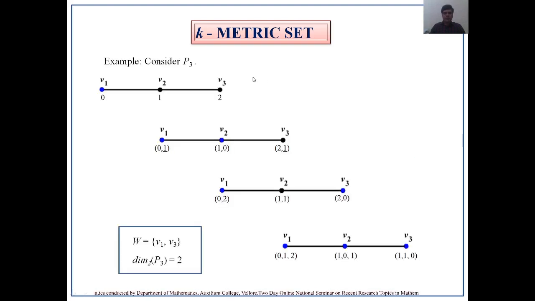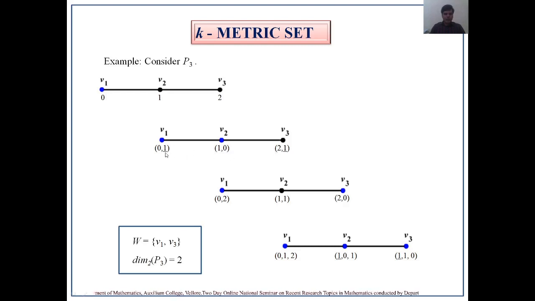To explain this properly, let me make use of this example. Consider P3. P3 is a path, and definitely the metric dimension of a path is 1. Now I am going to find the k metric dimension for this path. Next, I am accommodating two vertices in the set W, that is V1 and V2. Now I am finding the representation for each vertex in the graph P3.